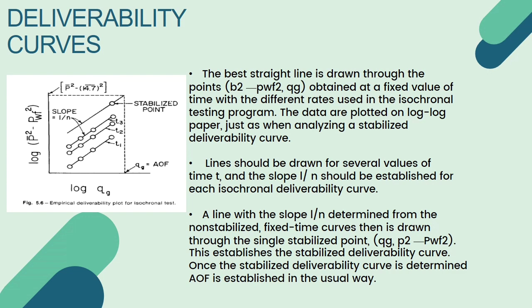The base straight line is drawn through the points of flow rate versus pressure, which are obtained during this test. The data are plotted on log-log. As I already said, the lines will have a constant slope of 1/n, and we will get a stabilized point, and based on that point we will generate the stabilized deliverability curve, and based on that, as I already showed you, we calculate various parameters.